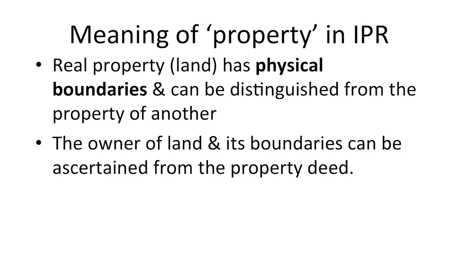All this is done in the patent specification, and after the inventor distinguishes his invention from what has gone before, he claims something to be his own property. That is what is contained, as I said, in the concluding part of the patent specification, what we call the claims. The claims are actually what the protection is granted for.